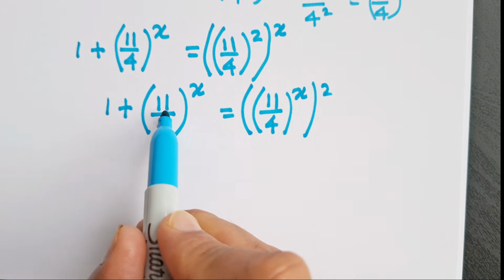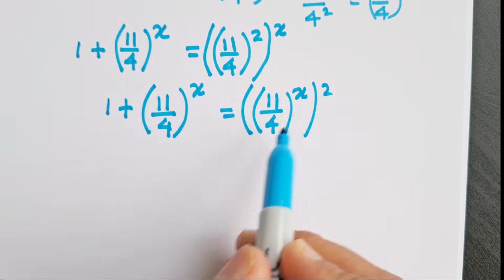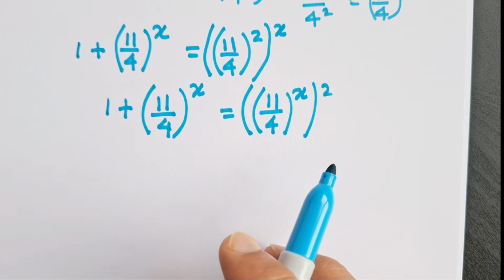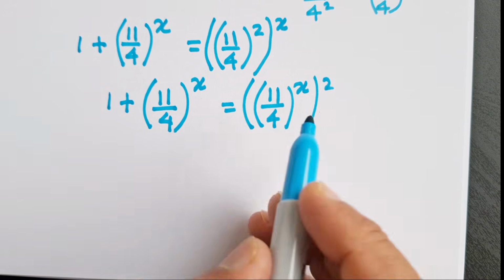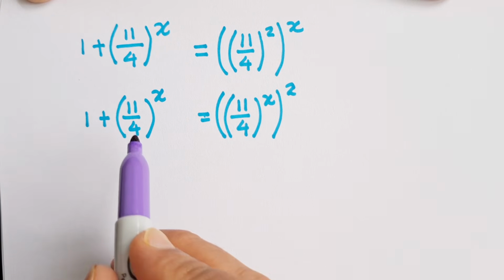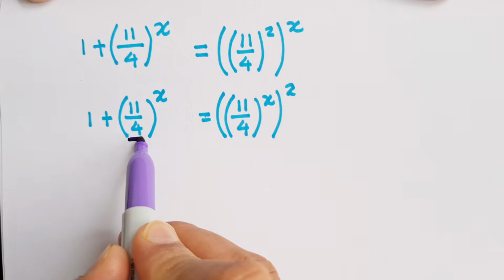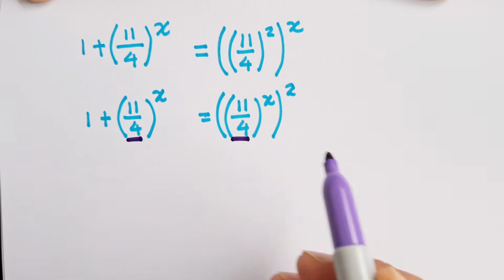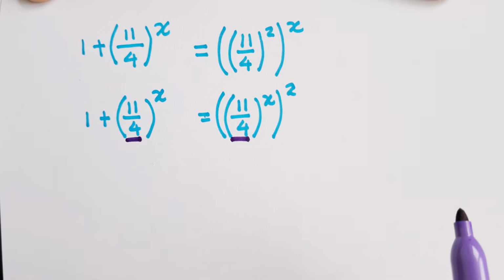Now we have a beautiful exponential equation, because this 11 over 4 fraction is in both sides of the equation. Now to simplify the equation further, I can use a substitution, because here we have 11 over 4 to the power of x, and here also we have 11 over 4 to the power of x.